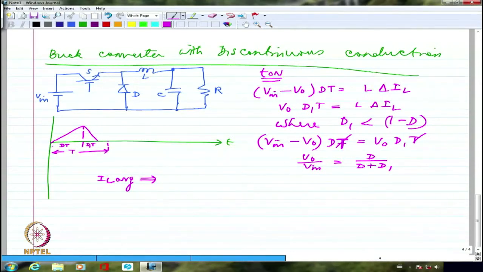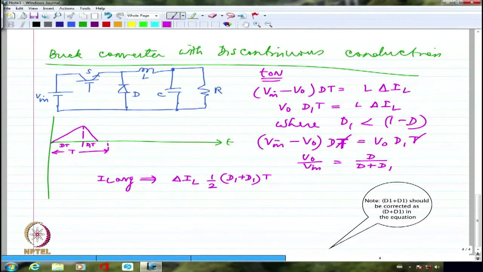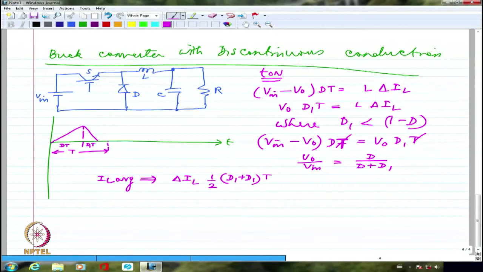This is Imax or delta IL, whatever it is. So delta IL multiplied by half multiplied by d plus d1 multiplied by T, right? This is essentially your area under that triangle. That has to be averaged over T. This will be IL average or I naught. And I naught is equal to V naught by R. Right?